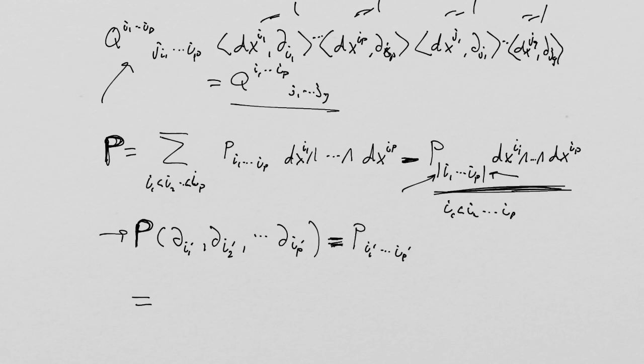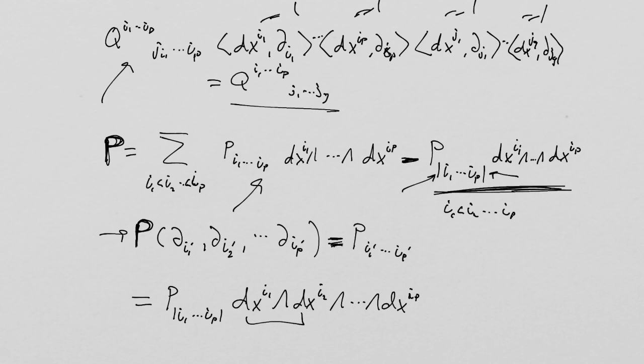Well, let's first write it out using this: the sum of P I1 to IP, dxi1 wedge dxi2 wedge ... wedge dxip. Sometimes I put two of them here before I go to my dots, and sometimes I leave it out and just do one. There's no rhyme or reason to that.